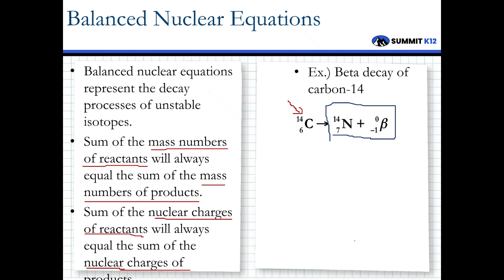Our reactants equal products. We've got our mass number 14 on carbon and 14 on nitrogen. Carbon has a +6 on its protons, and then on the product side, we've got the 7 - 1, which is 6.